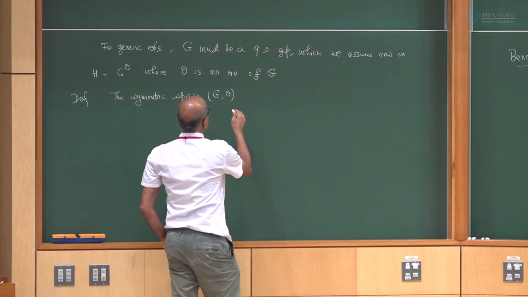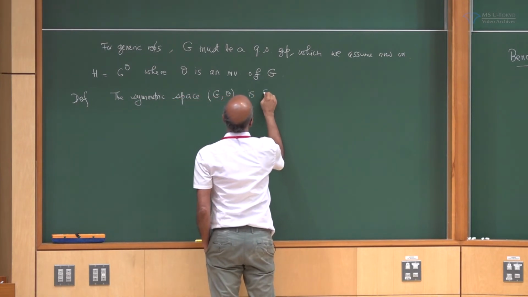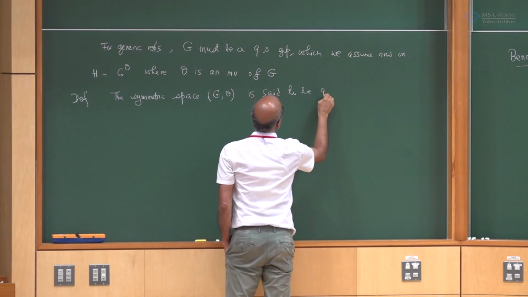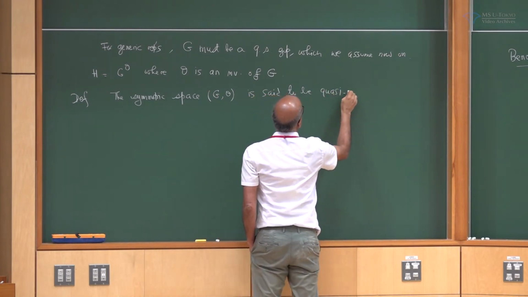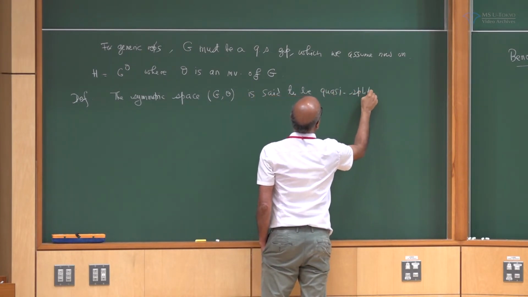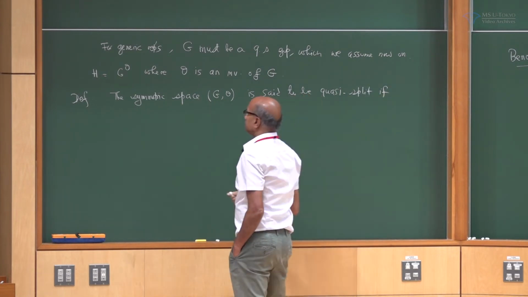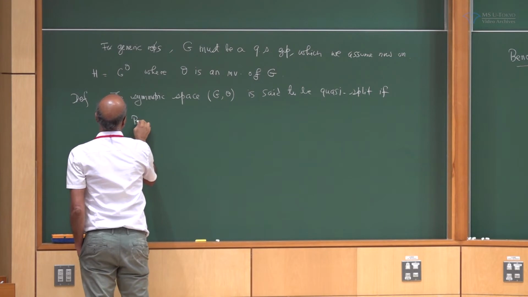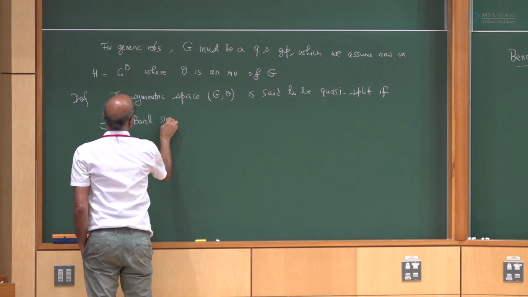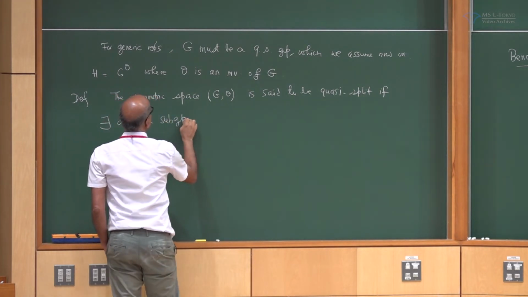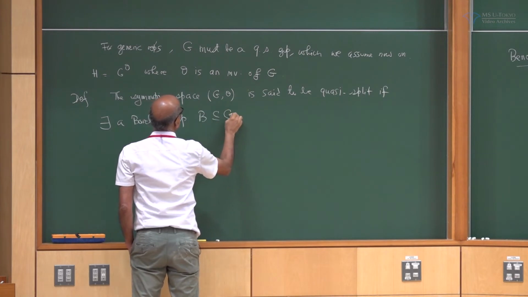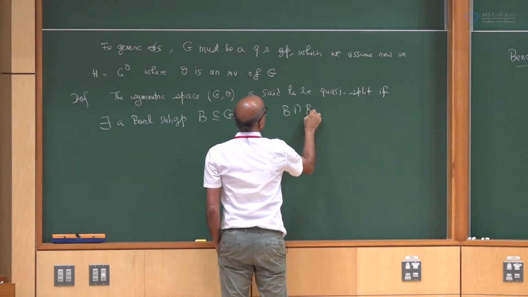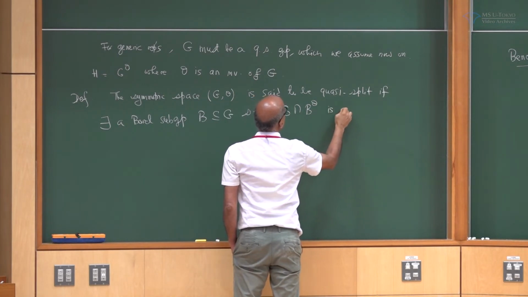The symmetric space G comma theta is said to be quasi-split if there exists a Borel subgroup B contained in G such that B intersects with B theta is a torus.